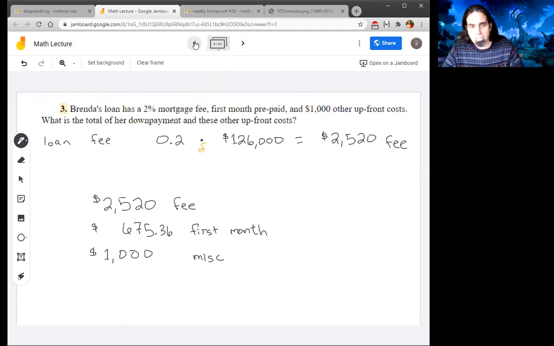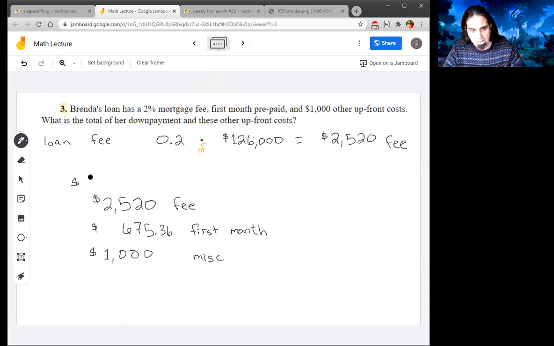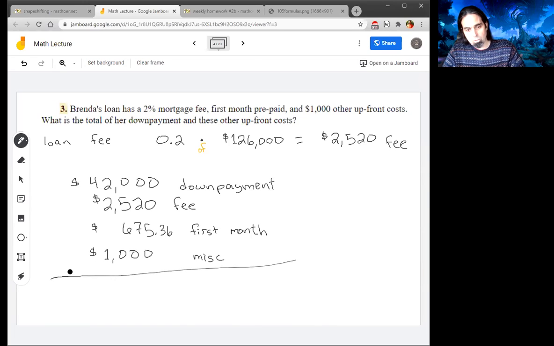And of course, she has that 42,000 down payment. So all of those, we have to add them all up. That's an ugly line, straighter line. Okay. And we get whatever that is.